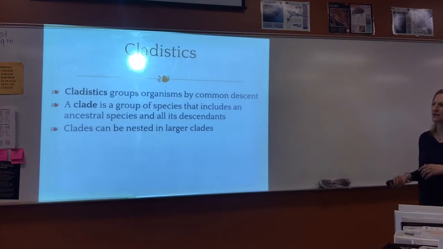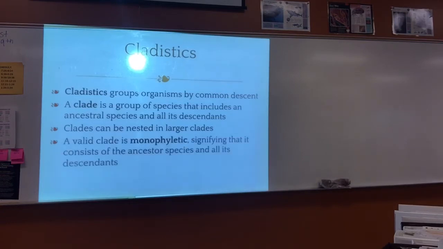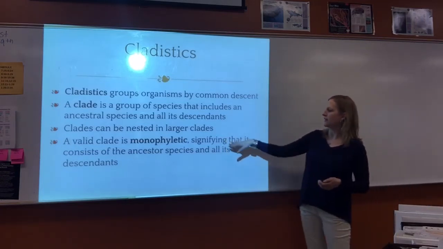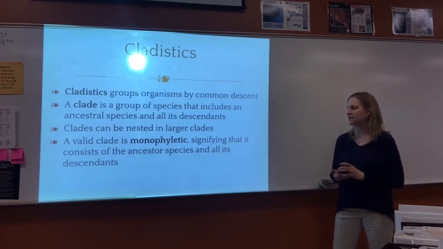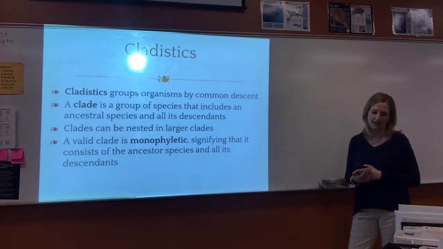Clades can be nested in larger clades, and I'll give an example of this. A valid clade is called monophyletic, signifying it consists of the ancestor species and all its descendants.